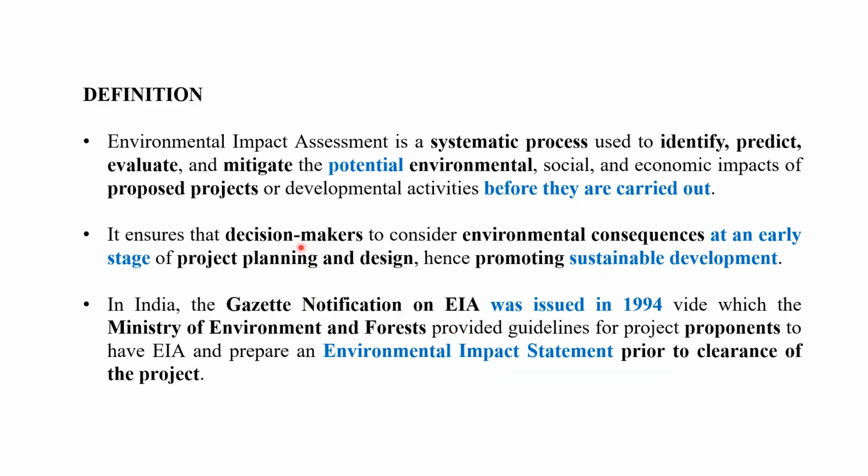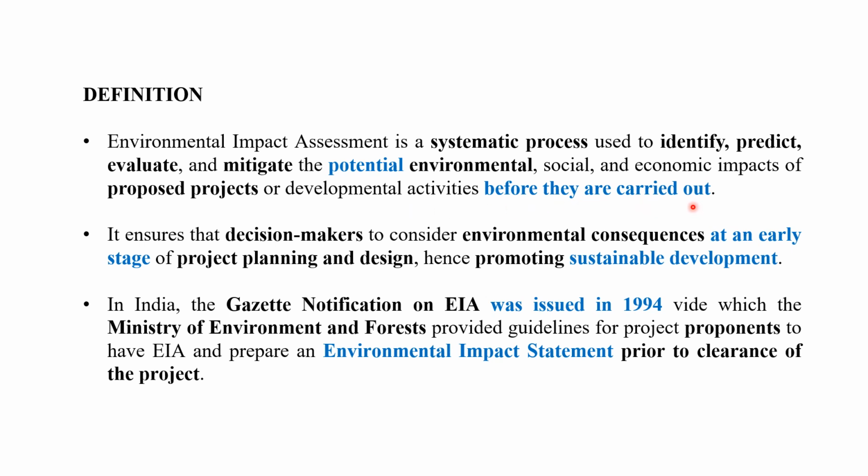So we can define environmental impact assessment. It is a systematic process used to identify, predict, evaluate, and mitigate the potential environmental, social, and economic impacts of proposed projects or development activities before they are carried out.